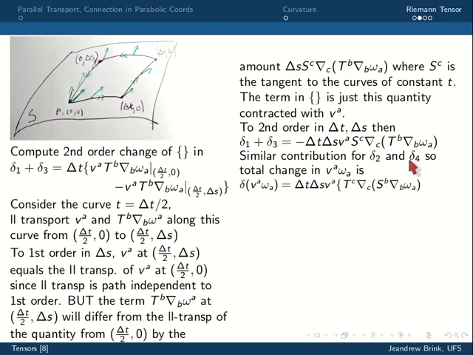What you're going to have is that difference, that total change in the contraction with an arbitrary vector, is also going to be very similar to that guy. And you're going to add it together, and then you get the total change is simply delta T delta S, your vector V A, with the difference of these two guys.